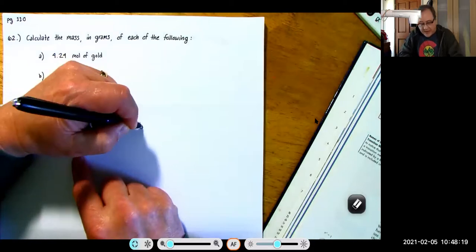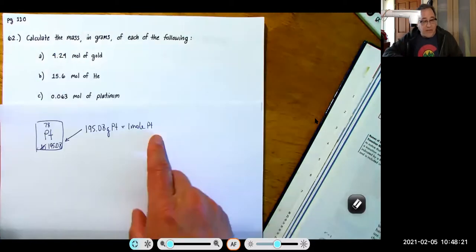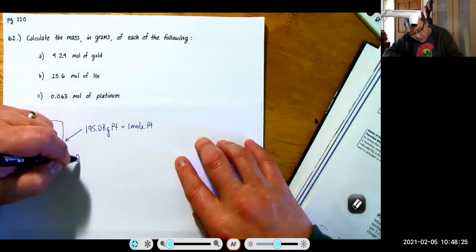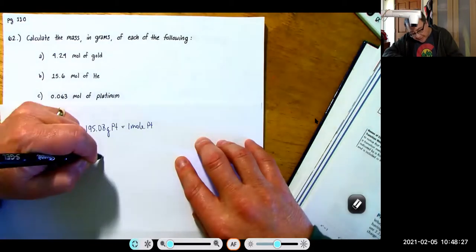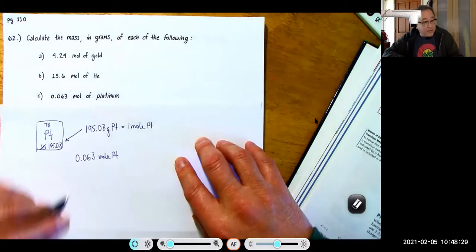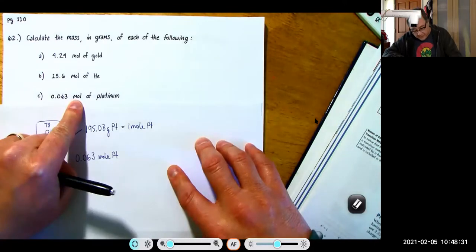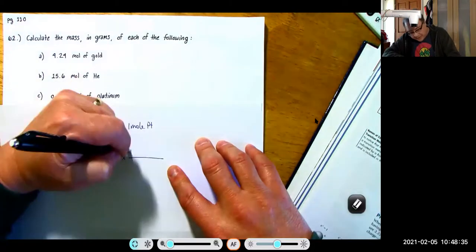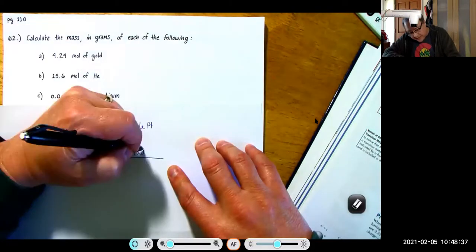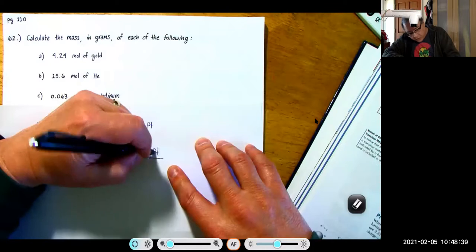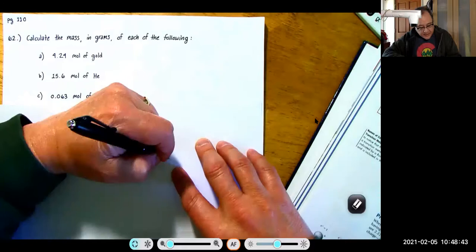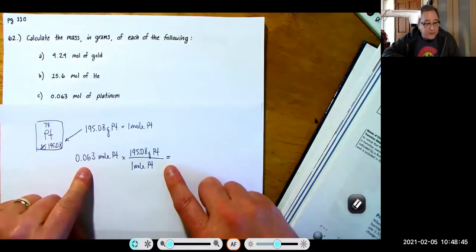But we don't usually write atoms there. We write 1 mole of platinum. So if we have 0.063 mole of platinum, we would multiply by 195.08 grams of platinum over 1 mole of platinum, and we would get our answer. This particular answer would only have 2 significant figures.